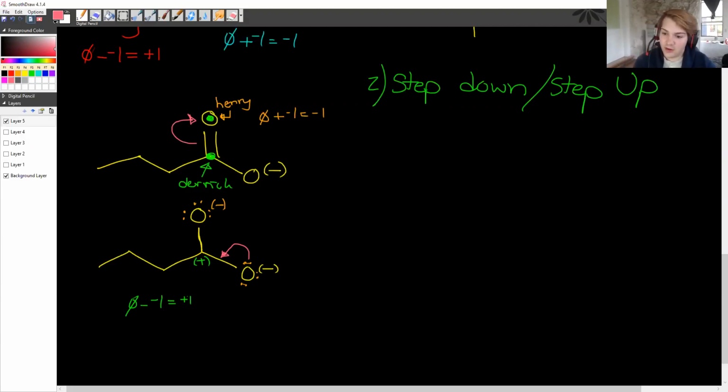And so what's going to happen here is now this oxygen on the right is going to have a double bond with the carbon. We're going to create a double bond.